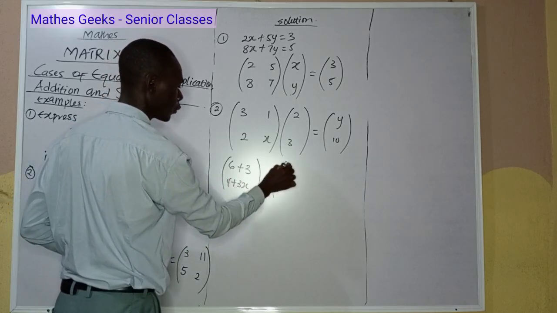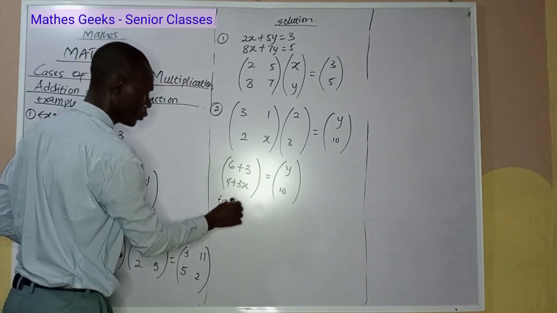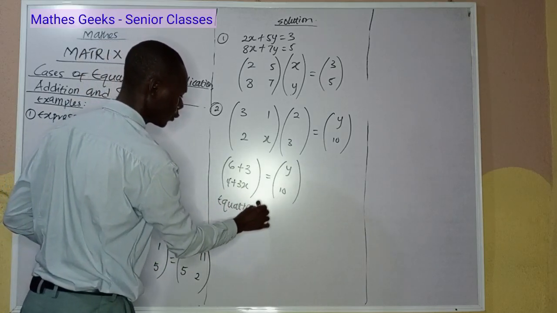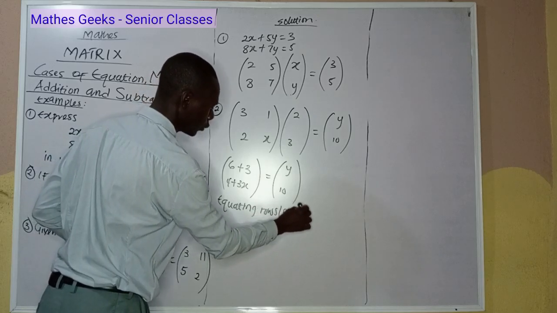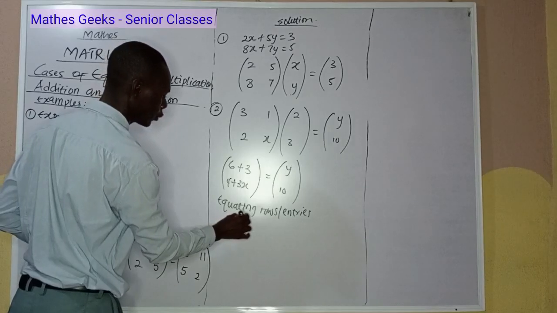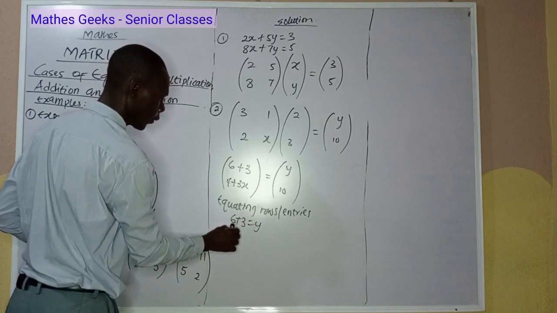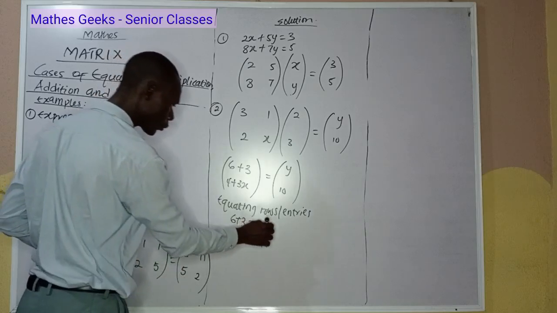This equals y, 10. So equating rows or entries, we have 6 plus 3 is equal to y, and 4 plus 3x equals 10.